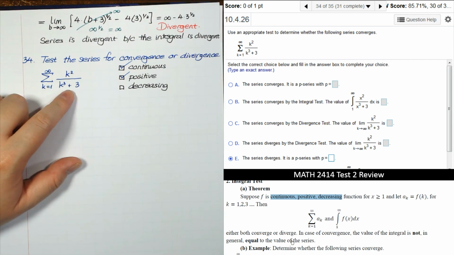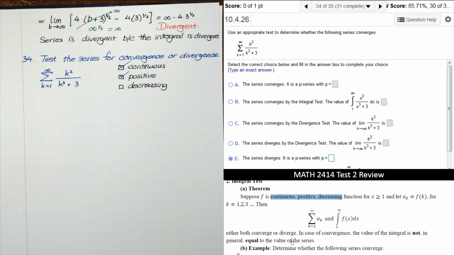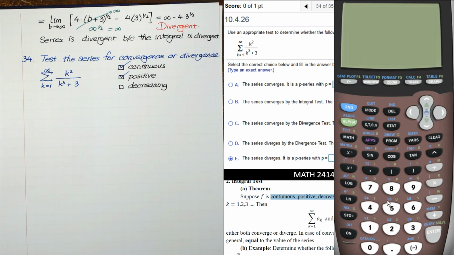If we have to show that this one is decreasing, we have to take the derivative. If the derivative is negative, it will be decreasing. Or we can just check real quick. Maybe it helps.